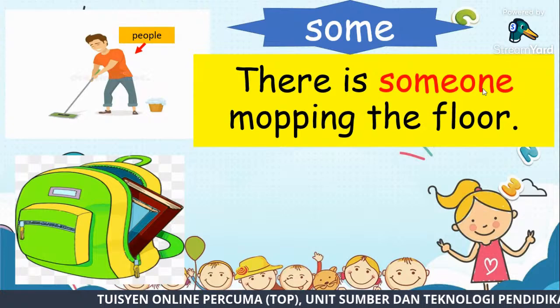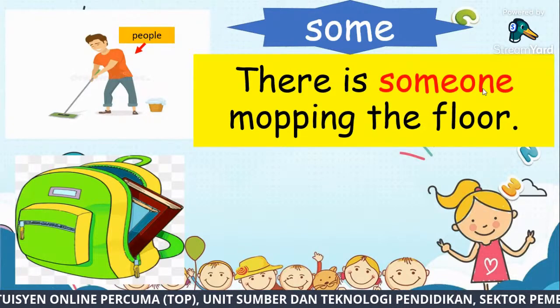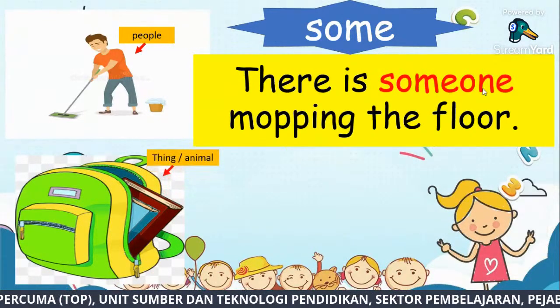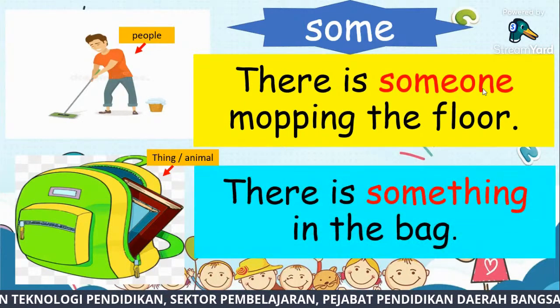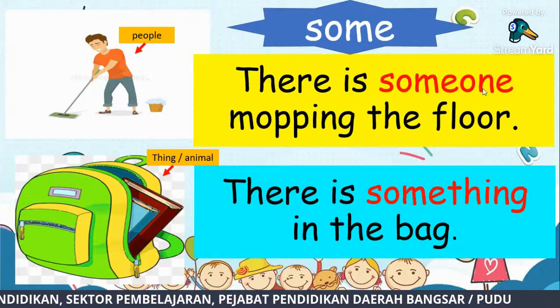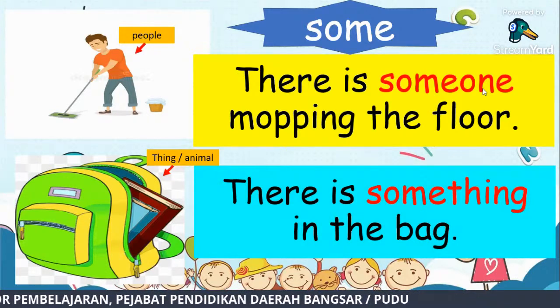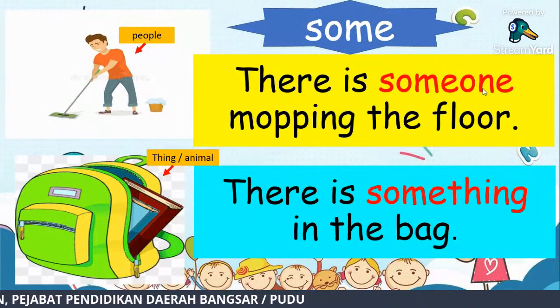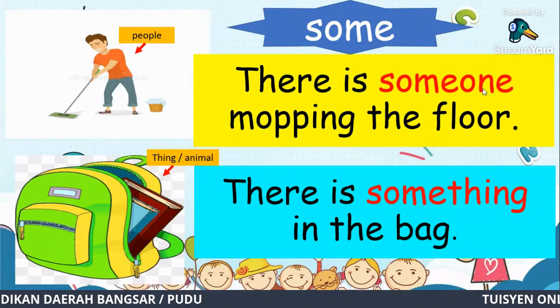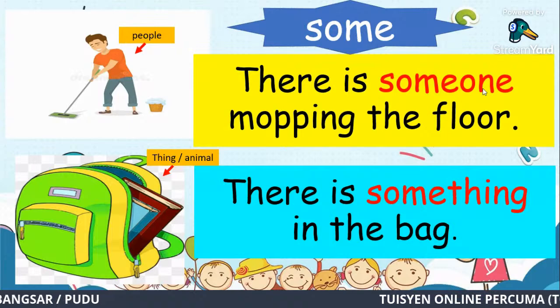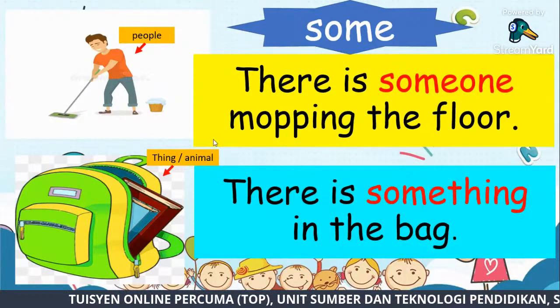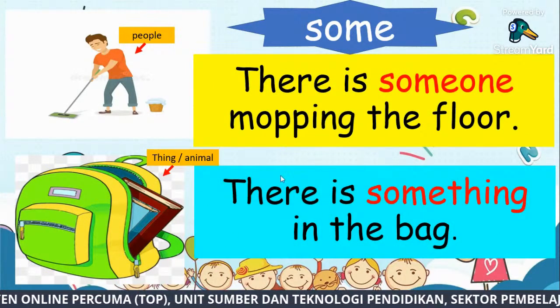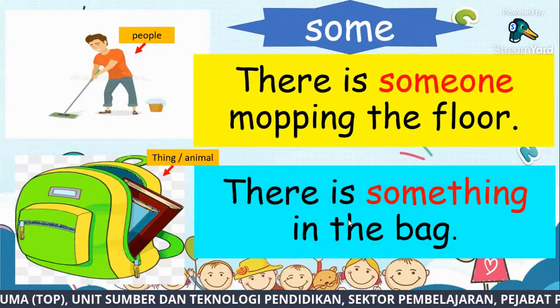So you never know what exactly that is, right? So how can we say that we are talking about the thing? We will be using there is something in the bag. If you know obviously what it is, then we won't define it under indefinite pronoun. So you never know what it is exactly, so how are you going to say that there is something in the bag.